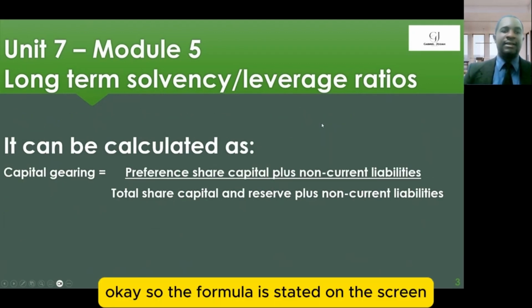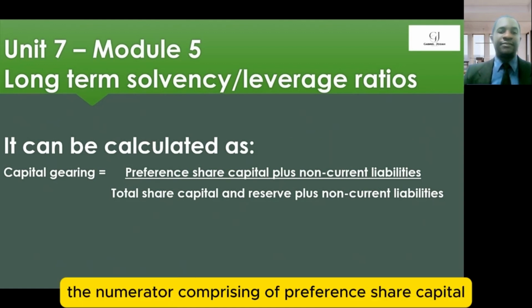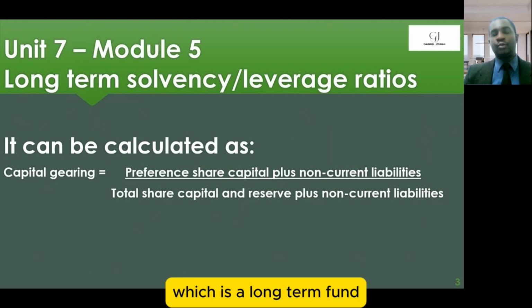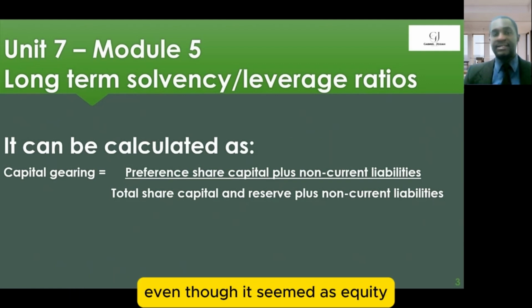The formula is stated on the screen. The numerator comprises preference share capital, which is a long-term fund. They have a fixed dividend for providing such capital, even though it's seen as equity.